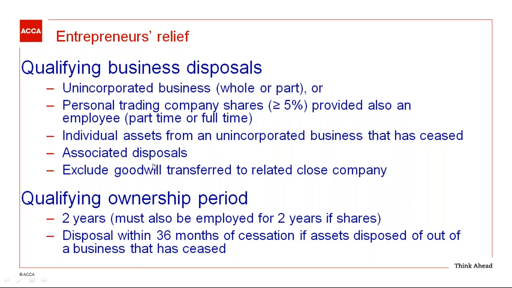And then we have another special relief called associated disposal that I will try to explain after the break when I'm doing a question. This has been tested in the exam as well.